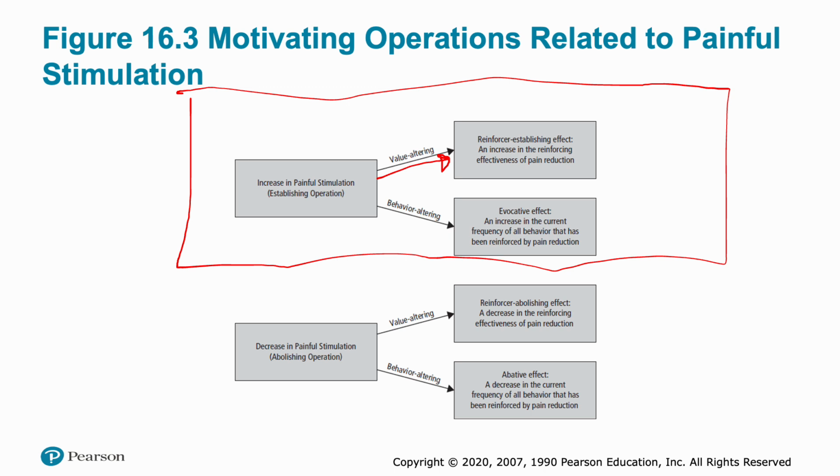In my particular case, if I take medication, it might possibly reduce my migraine. So the pain that I'm experiencing establishes medication as a reinforcer, meaning it's altering the value of that medication in that particular moment. Outside of the context of me having pain, medication is not something that I'm seeking or that is valuable to me. But because there is this establishing operation present, medication is valuable to me in that given moment, okay?